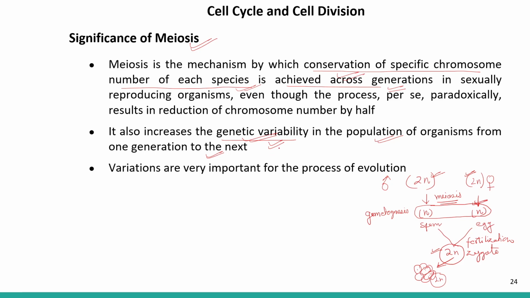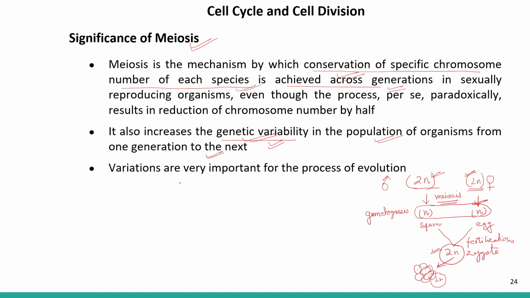New characters come from this male individual and the female individual. For the same character, they have different alleles on the same chromosome. So there is an intermixing of the chromosomes that shows the genetic variability. So this is the uniqueness of this particular type of division.